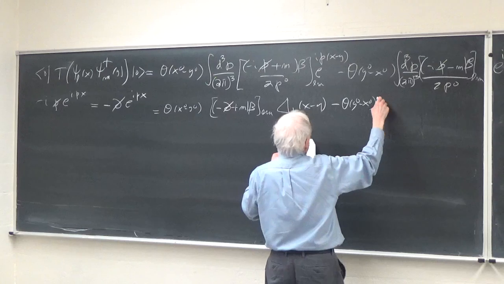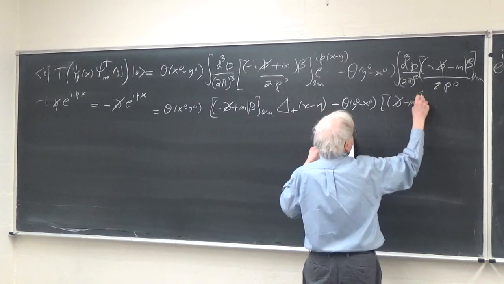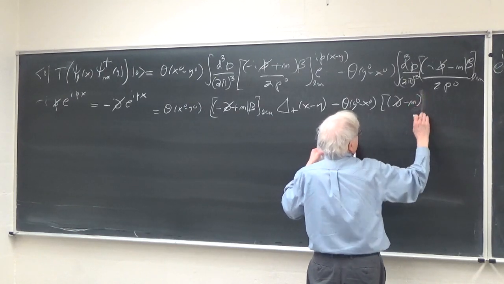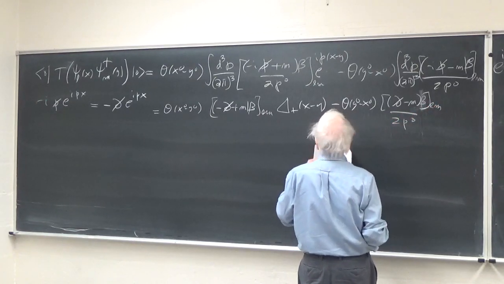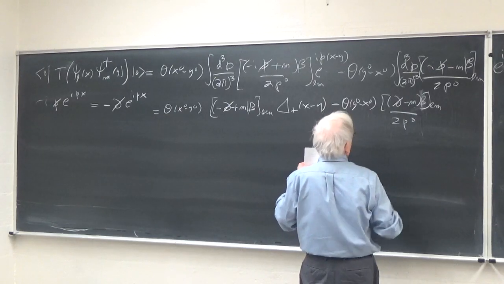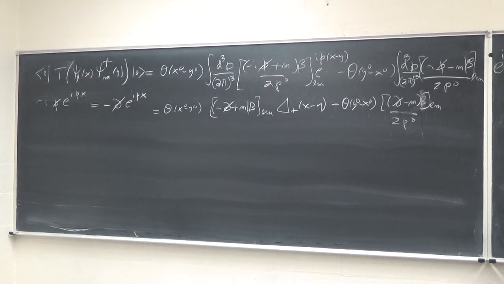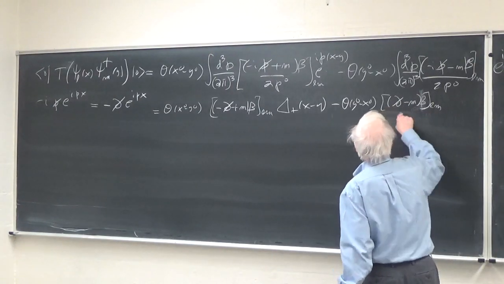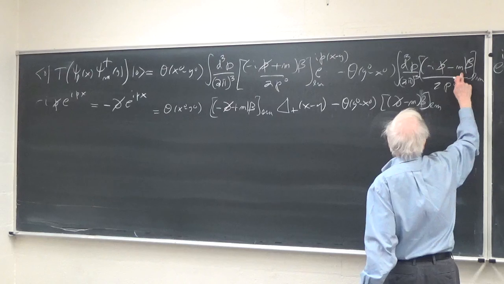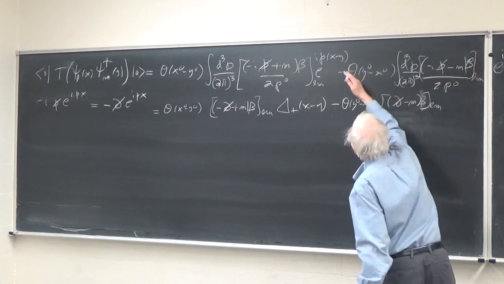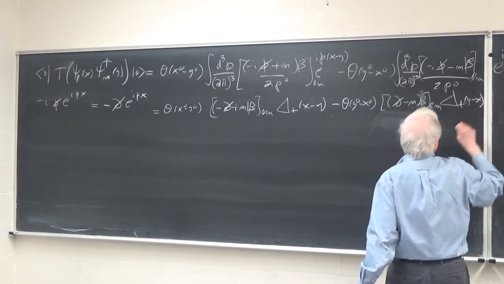This thing we pull out as d-slash minus m beta Lm, and the 2p0 is inside. So this acts on this and pulls down this structure over. So what we have is this outside, and the thing that's left is delta plus of y minus x.